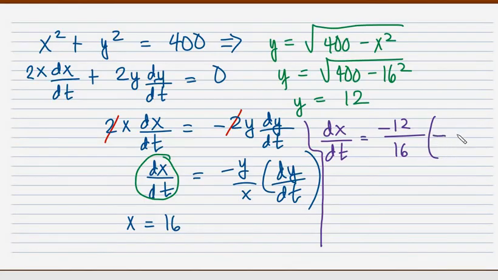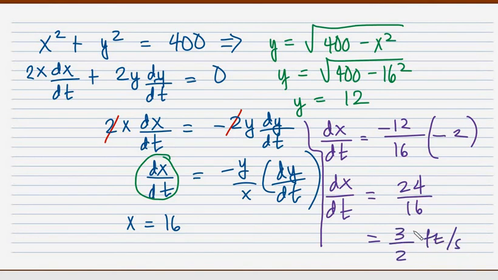So that is negative 2. So this will be positive 24 over 16, and we both divide it by 8, so 3 halves. Okay, 3 feet per second.